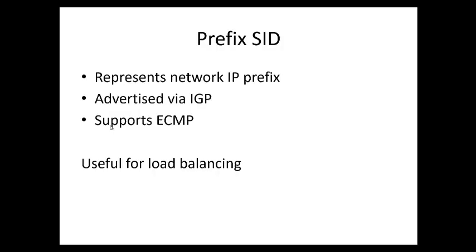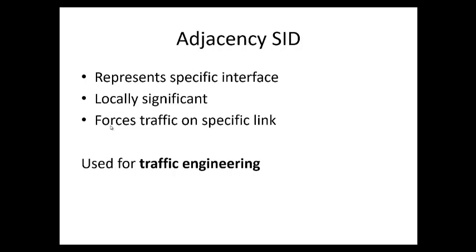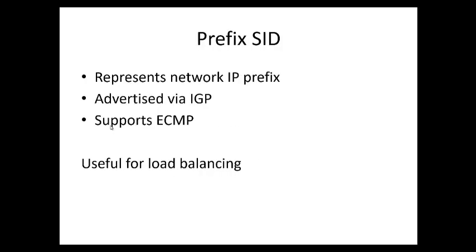The prefix SIG ID is nothing but the ID given to an IP prefix. That's prefix SIG ID. And it is useful for load balancing. As usual, this is also advertised using IGP. The previous one, the node SIG ID, is also advertised by IGP.